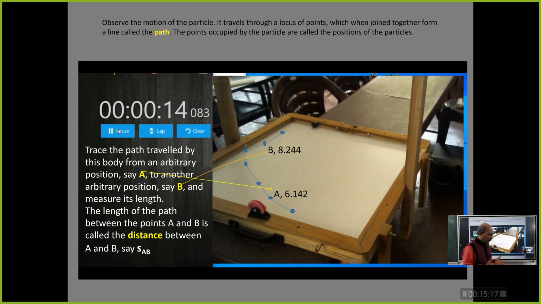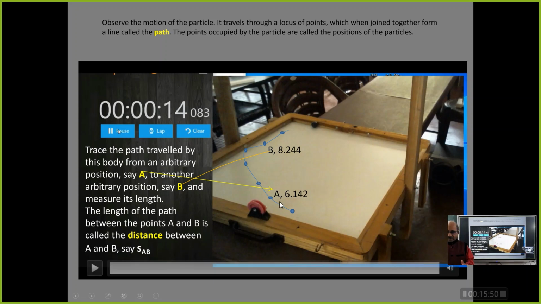See students, you should not take things for granted. What is path? What is motion? These terms appear to be very trivial, but they are very concentrated. They have to be understood properly. So what is a path? It can be a question asked in examinations, but that apart, you have to understand these aspects very clearly, because if I ask you what is a path, you must be able to define it.